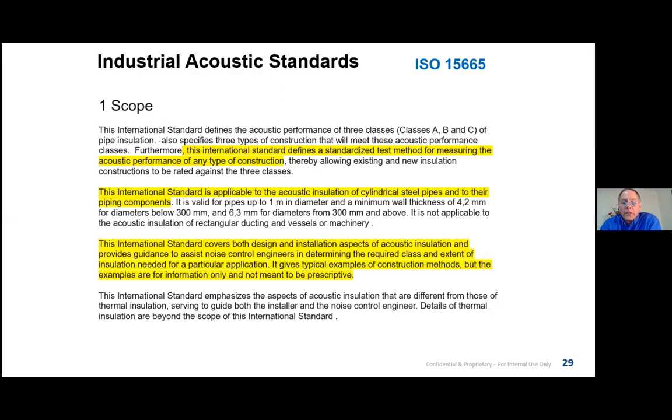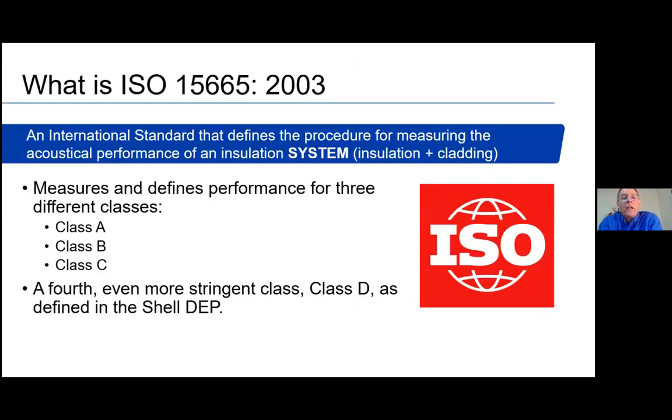But the information that's provided within the standard in terms of system configurations and construction methods are strictly to be used as examples. They're not meant to be prescriptive. So you can't necessarily just take the configuration that's described in the standard and use your materials and build that same construction and be assured that you would get the performance as defined in the standard.